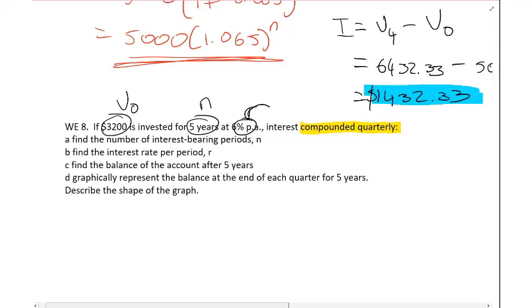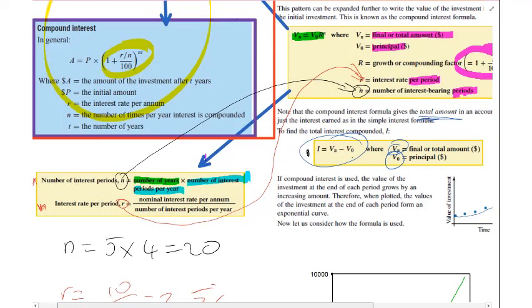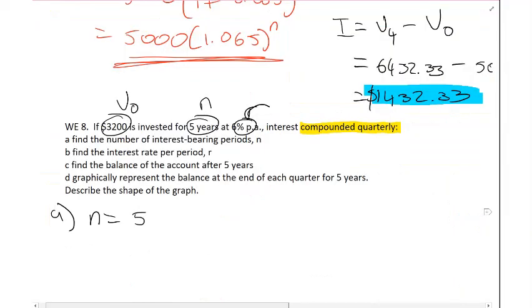So my N is no longer just 5. Let's go A. I'm after N. It's 5 years. Remember the equation: it's the number of years times the number of interest periods per year. That means it's 4, quarterly. So it's going to be 5 years times 4.